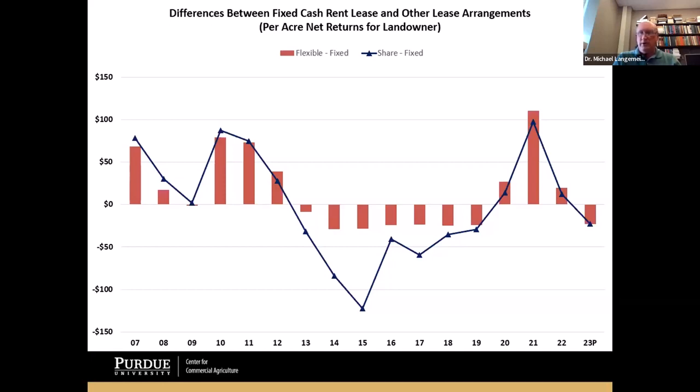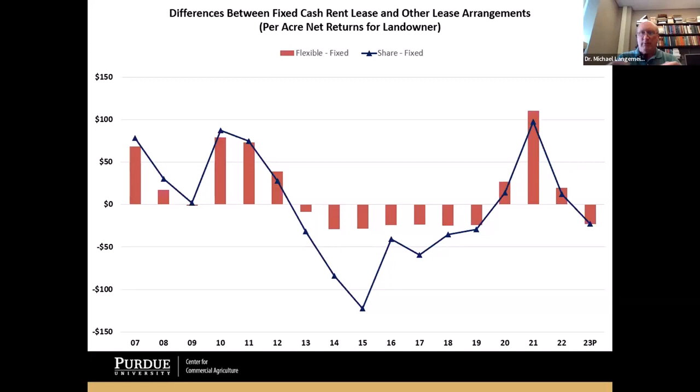And then also in 20, 21, 22, the flex lease does better. But look at some of these years from 14 to 19. Notice there that the bar kind of stops. It kind of hits a safety net there of maybe approximately $25, $30. That's 10%. You give up 10% of the market cash rent, and that's what we're calling the base rent.